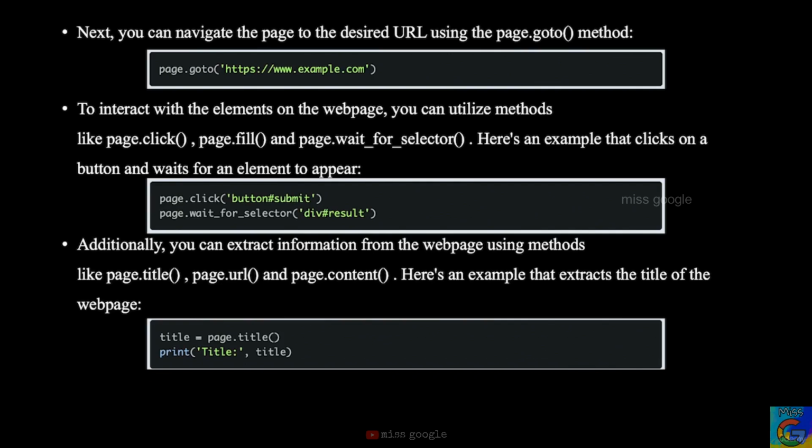So here is an example that clicks on a button and waits for the element to appear. Additionally, you can extract information from the web page using methods like page.title, page.url, and page.content. And here is another example that extracts the title from the web page.